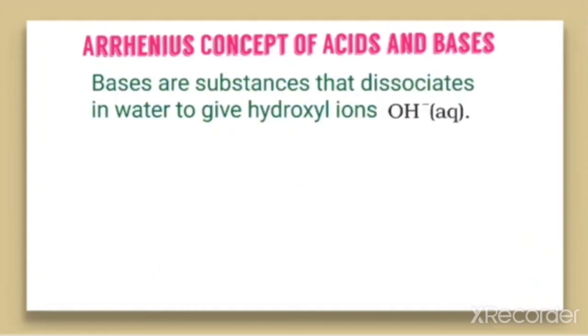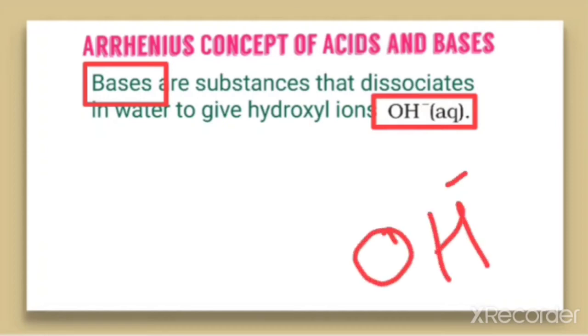But bases are the substances that dissociate in water to give hydroxyl ion, that is OH negative ion. So when a substance gives OH negative ion in water, it is called a base. What is a hydroxyl ion? OH negative is called a hydroxyl ion.